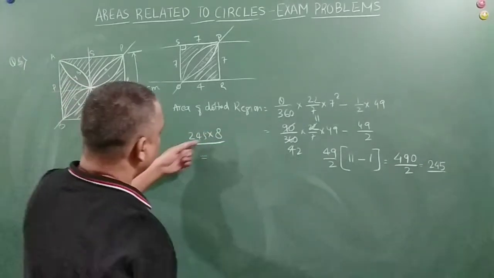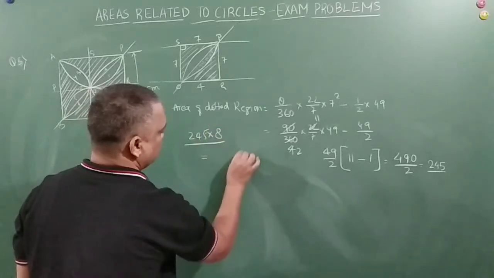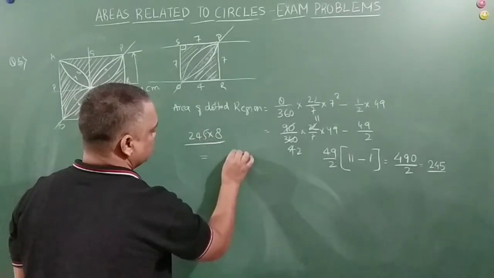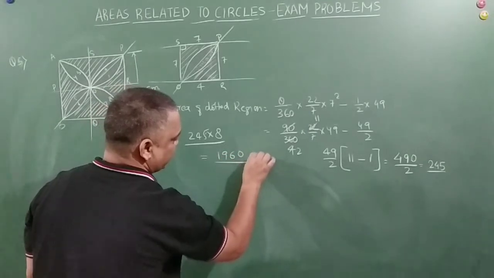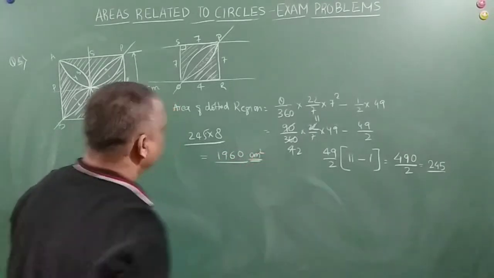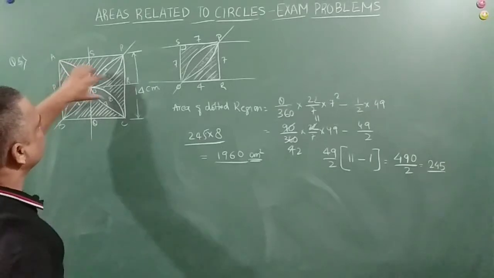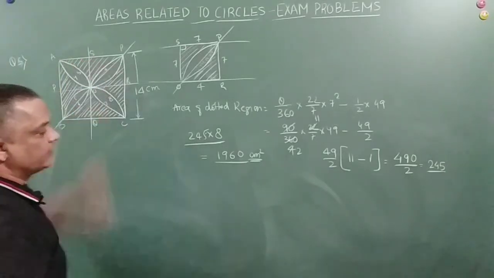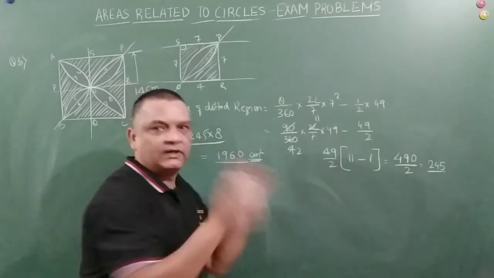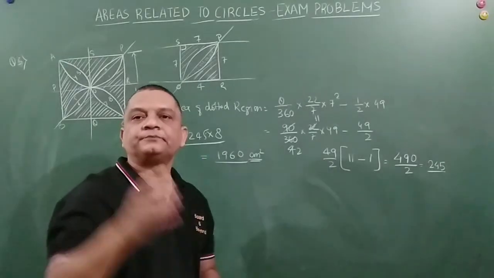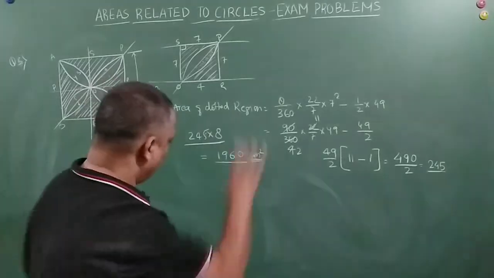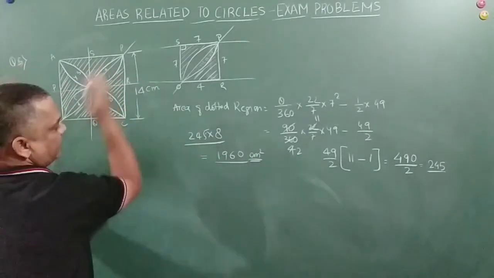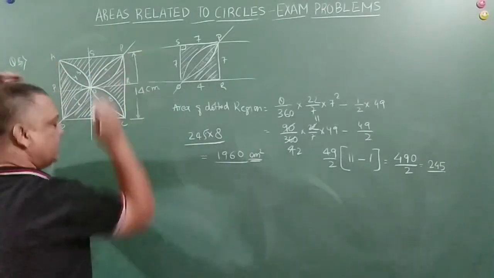So this will be 1960 centimeters square. Now what have you got, friends? You have got the area of this flower shaped structure. So this method is giving you the solution for the problem which you have in the textbook. Right. Now let's come to the problem here. So that is equal to 14 into 14.